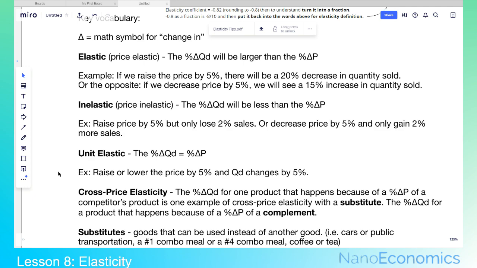So a good way to consider that as a business decision maker would be that if we increase the price by just 5%, we're not going to increase our total revenues by that much, but we're going to decrease quantity sold by 20%, which would actually lead to lower total revenue overall for us. And then the opposite is true. So that is elastic.